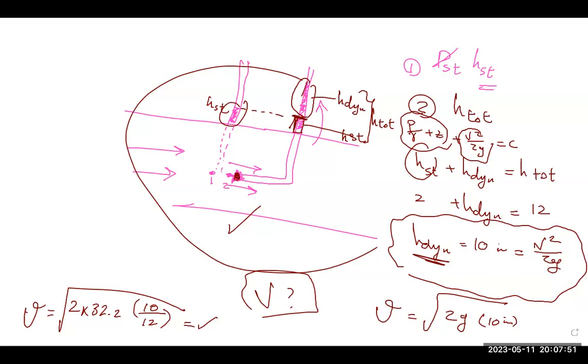If velocity is zero, then how will the liquid rise in the tube? If this end is open, with some velocity the liquid will rise in the pipe or tube, whatever we consider this one, L shape. Then how do we take it as stagnant?